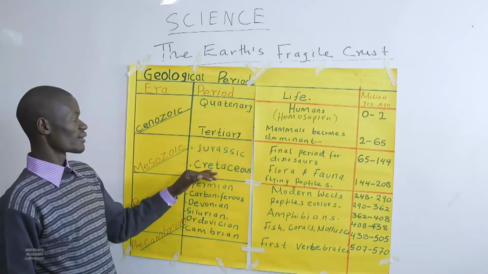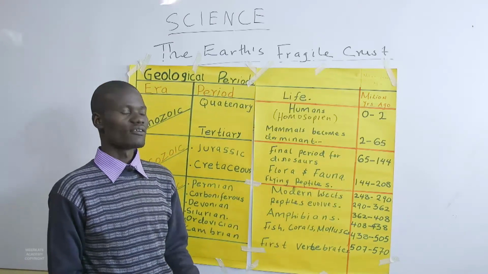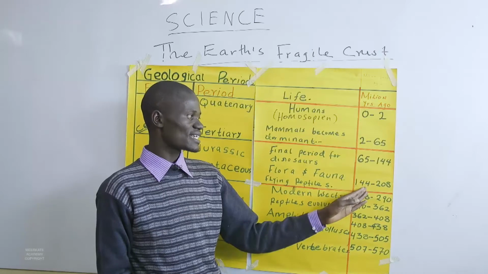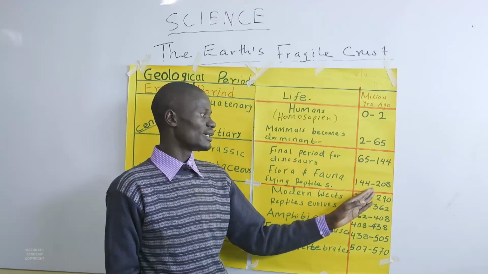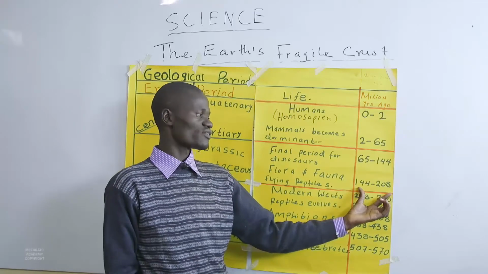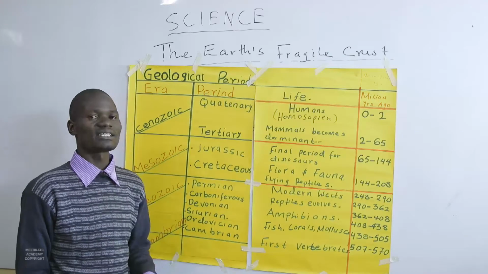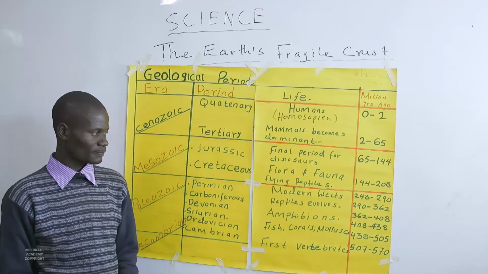And then in the Cretaceous period, we have flora and fauna, in this age bracket of 144 million to 208 million years, where we also had the flying reptiles.